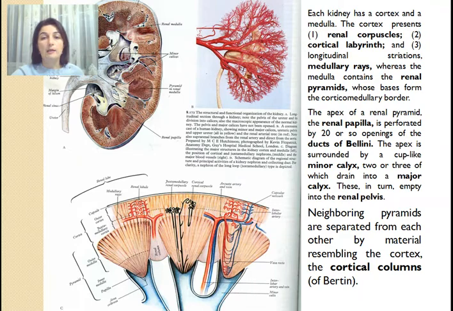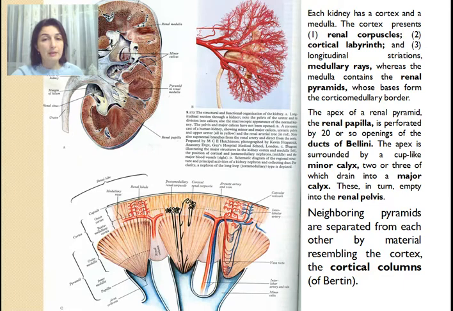The anterior will supply the anterior part, and the posterior one will supply the posterior part, the back of the kidney. Then these arteries subdivide into segmental arteries, each of which supplies a particular segment of the kidney, and each segment is supplied only by its own segmental artery.